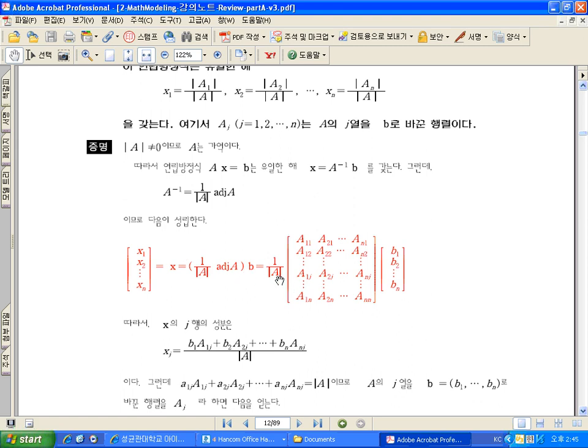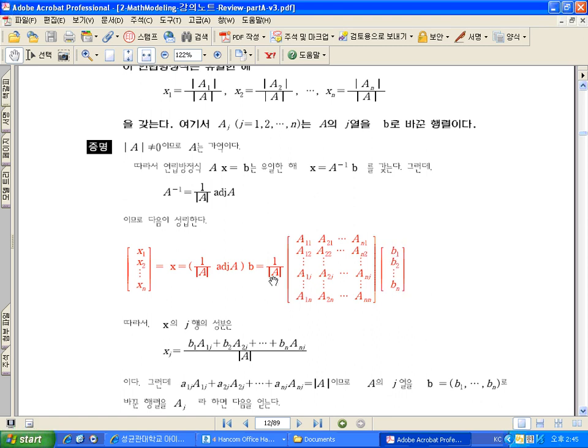Okay, what it means is the jth entry in this vector. So xj is the same as the jth entry in this column vector, which can be obtained by multiplying this jth column times this vector b.